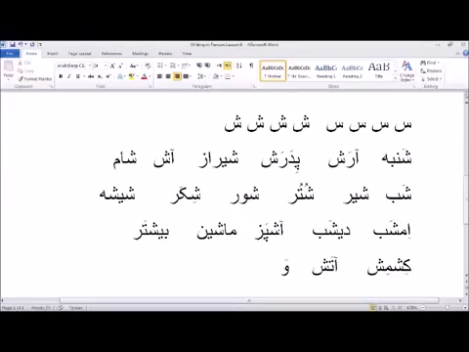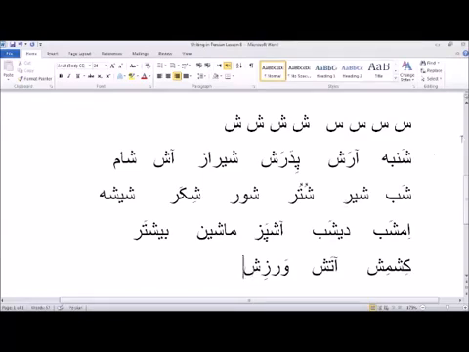V, a, r, z, e, sh, varzesh. Since v is non-connective, r is non-connective, z is non-connective, this should be written in the long form by itself, and then you see that semicircle here.